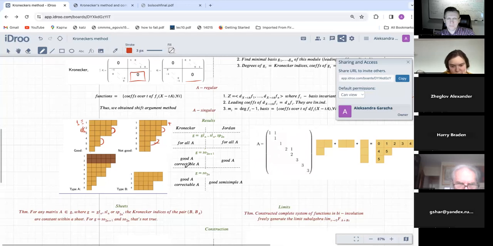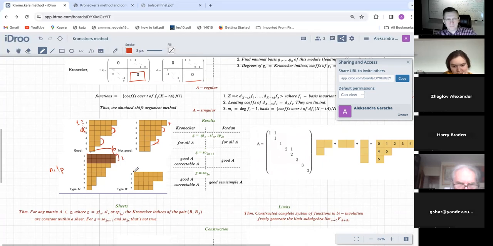And what is correctable? Correctable elements are always nilpotent elements. Here we just take a diagram of a good element and add some even rectangle. So this is 2 and this is 6. If both dimensions are even and we added this part to some good diagram, then this diagram is called correctable.